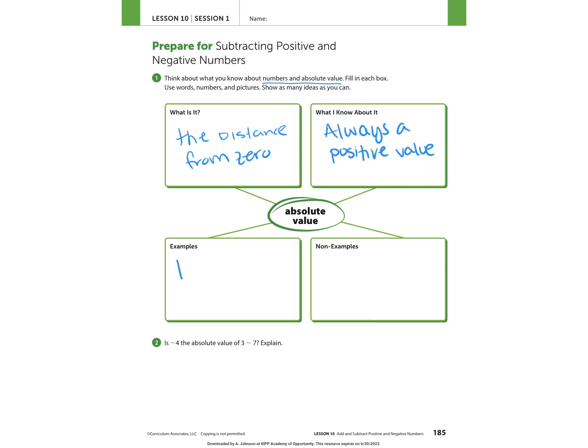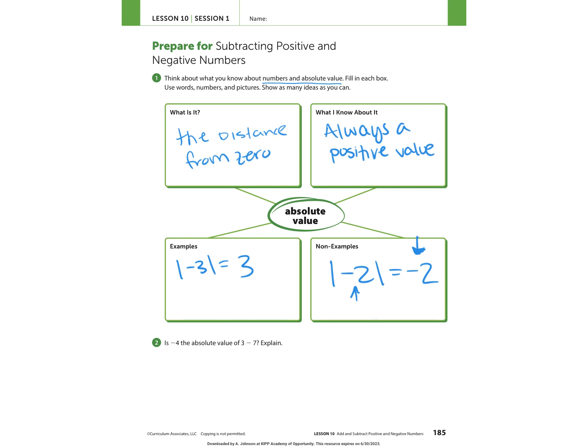So an example, the absolute value of negative 3 is 3. A non-example would be the absolute value of negative 2 is negative 2, because absolute value is never going to be negative, because the distance of negative 2 from 0 is 2, not negative 2.